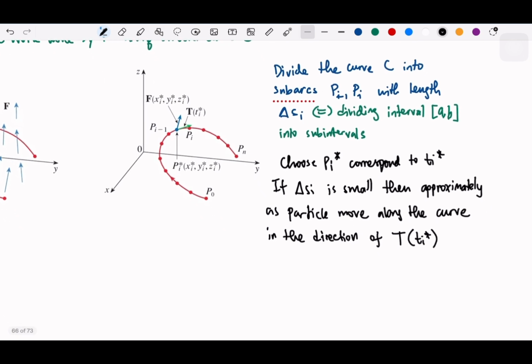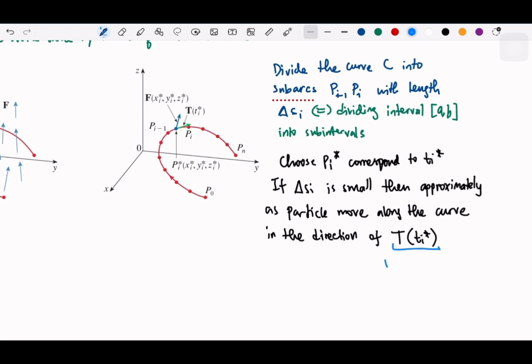The T is the unit tangent vector at the P i asterisk.